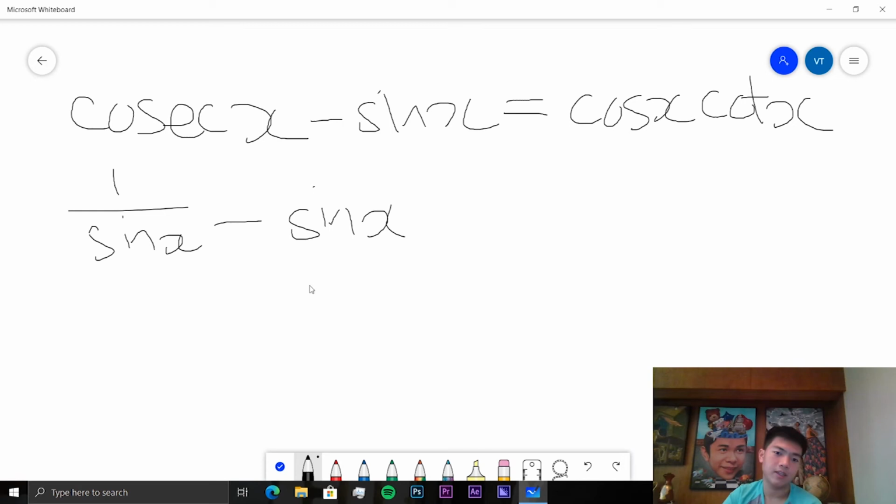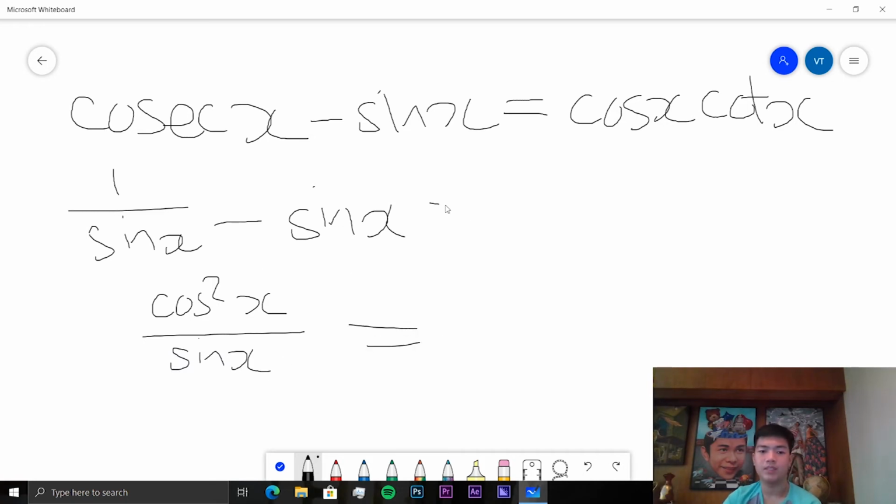So this is going to be cosine squared x over sine x. Oh, and that's it. Since if we multiply this here, this is 1 minus sine squared x over sine x. And this is equal to cosine squared x over sine x, which is equal to cosine x times cotangent x. So simple.